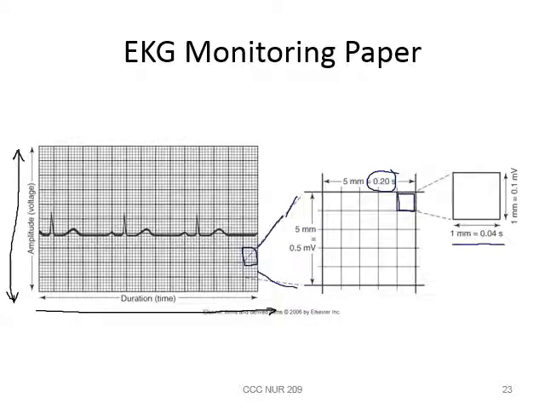So you need to memorize that one small block is 0.04 seconds. One large block is 0.2 seconds. Again, we will talk a little bit about amplitude. That really gets in as we're monitoring 12-lead EKGs more than it does monitoring rhythm strips. But it does become important as we look at those processes.